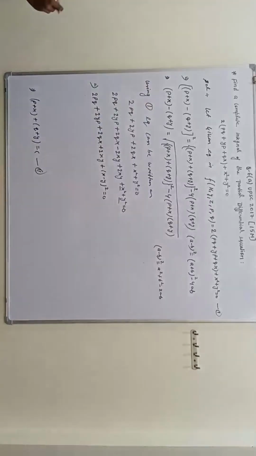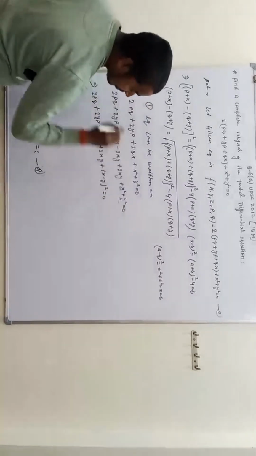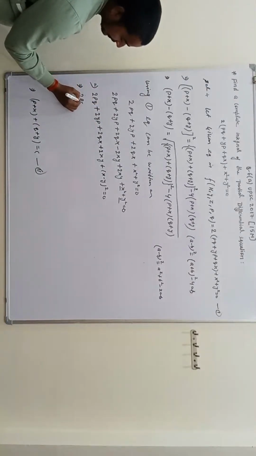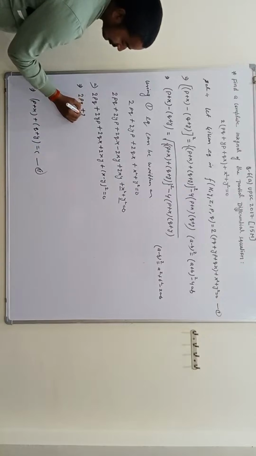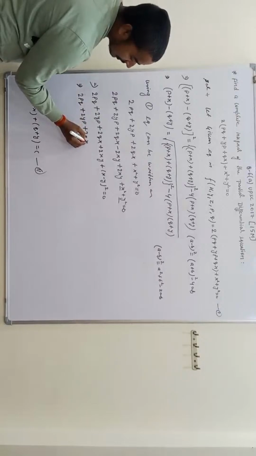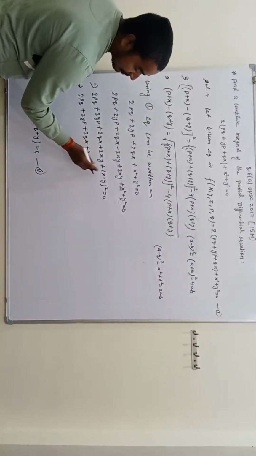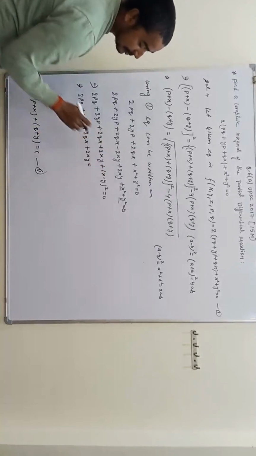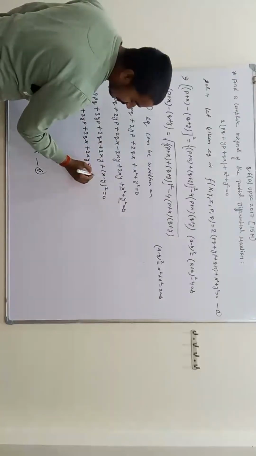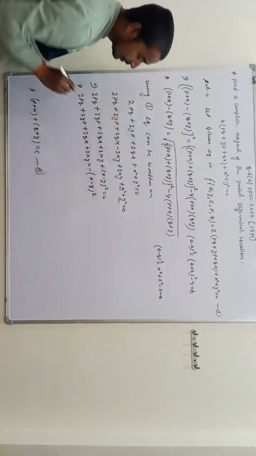From here we have 2pq plus 2yp plus 2qx plus 2xy, and the bracket (x minus y) whole square is taken to the right hand side, that is minus of (x minus y) whole square.